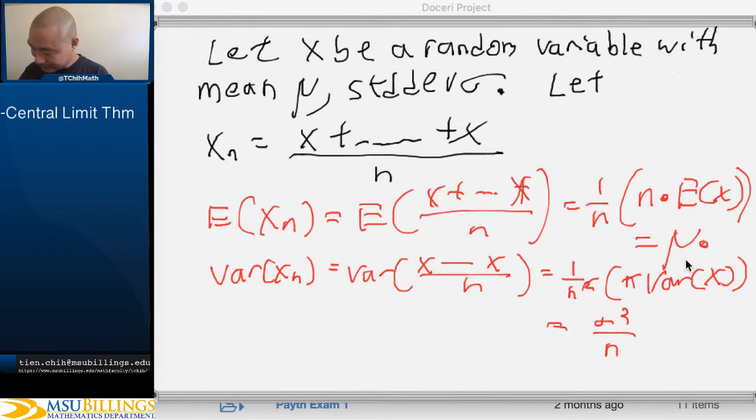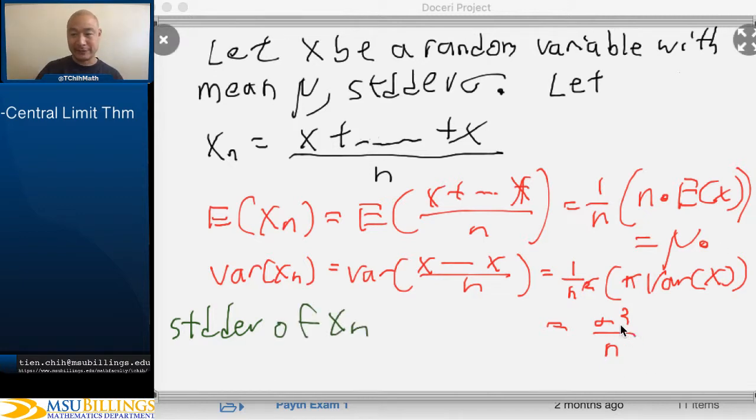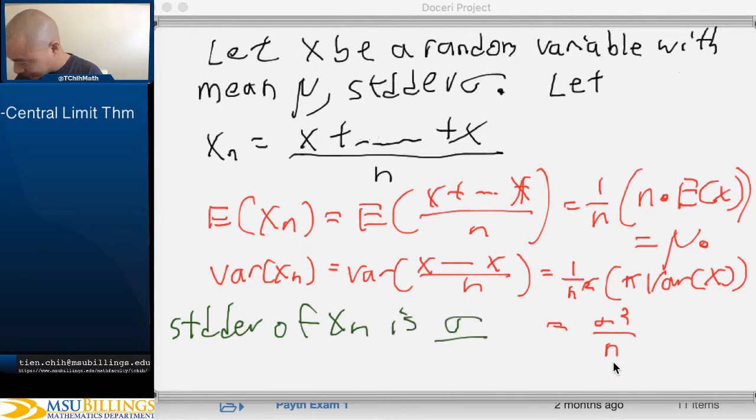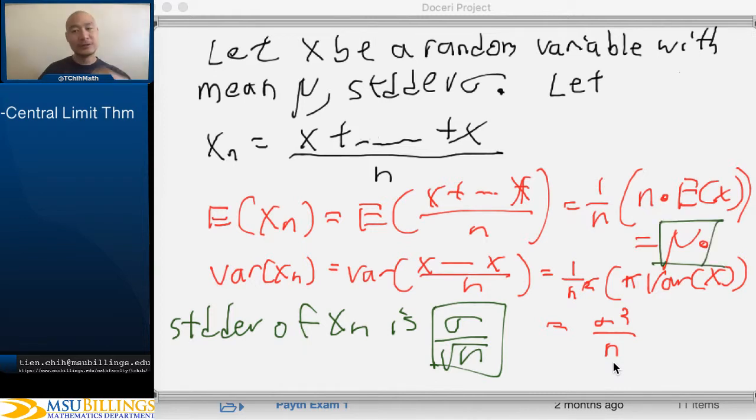And so the standard deviation of xn is going to be the square root of sigma squared over n, which is sigma over square root of n. So your parameters are mean mu and standard deviation sigma over square root of n.